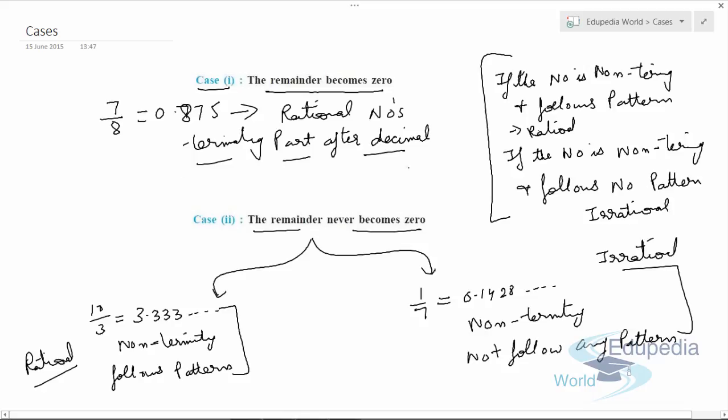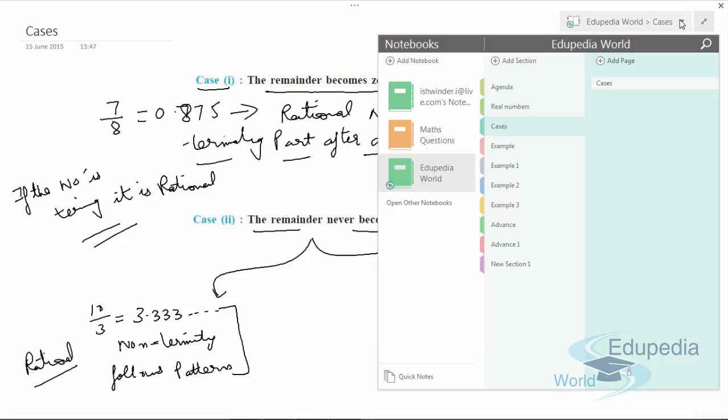And the last one is, if the number is terminating simply, then it is a rational number. So we have three cases to identify whether the number is rational or irrational.